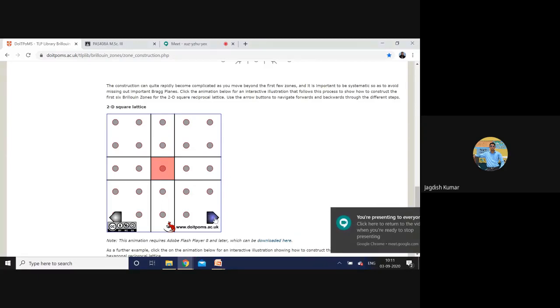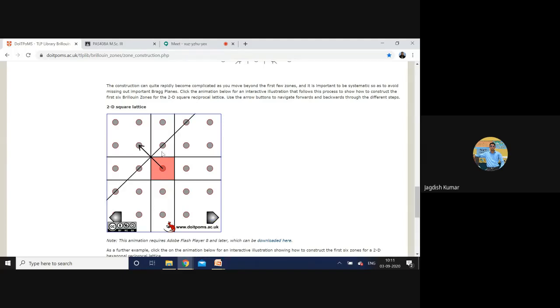For that, we will again connect this point to the neighbors which are a little further away and draw the corresponding perpendicular bisectors. So for this set, this is the perpendicular bisector, correct? Now we do it for all the other neighboring points. For this set, we will get this as a perpendicular bisector. There will be 4 perpendicular bisectors.